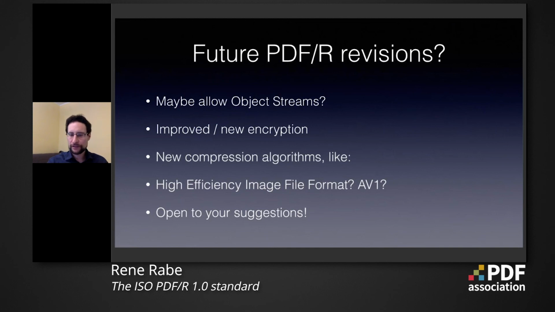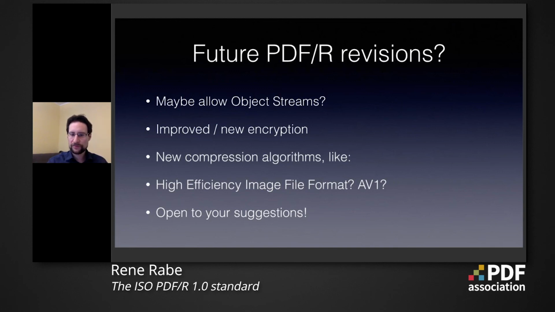So instead of adding JPEG 2000, as some people ask for, we would rather be looking forward to higher efficiency image file formats, because after 20 years of innovation and research, that is where, in this day and age, we would see the highest benefit even for the regular PDF 2.0 standard in the future, instead of adding every legacy codec that exists, like JPEG 2000, to PDF-R.